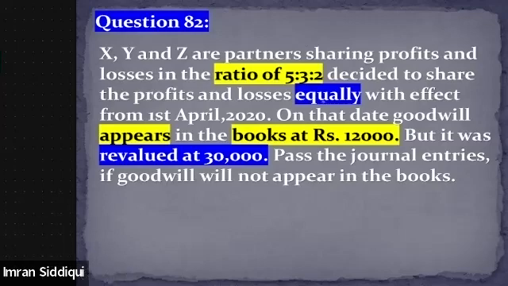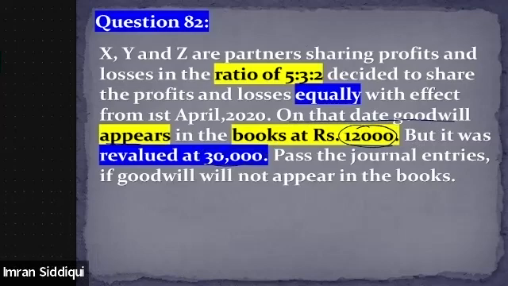Now see, it says that goodwill appears in the book at rupees 12,000. So this is the value of the goodwill that is appearing in the book. And in the next line, it also says that it was revalued at 30,000.